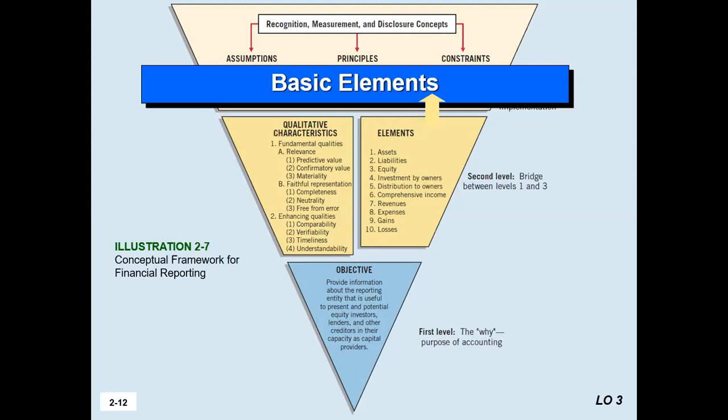So for example, if we sell a piece of equipment, we could recognize a gain on that, or we could recognize a loss on that. So gains and losses result from peripheral or incidental transactions.